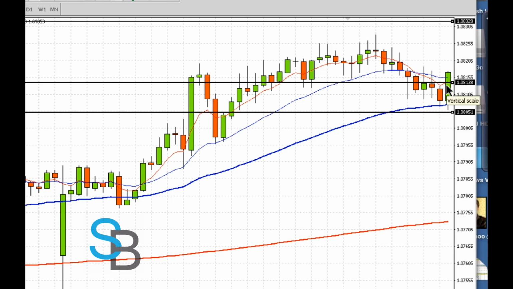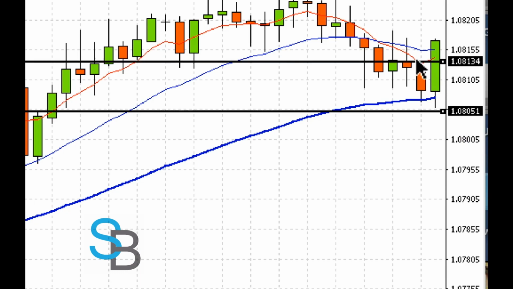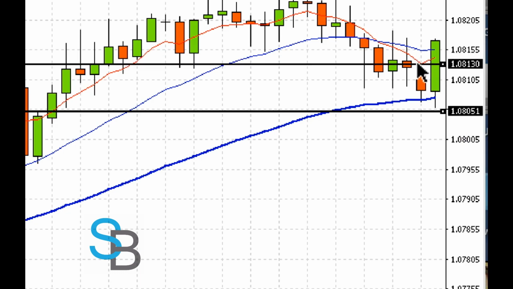Again, this takes experience, but I've mentioned before that I want my stop loss to be at least 8 pips away. So if my stop loss is 0805, my entry price has to be 8 pips above that. So 0805 plus 8 is 0813. There we go. This will be my entry price.